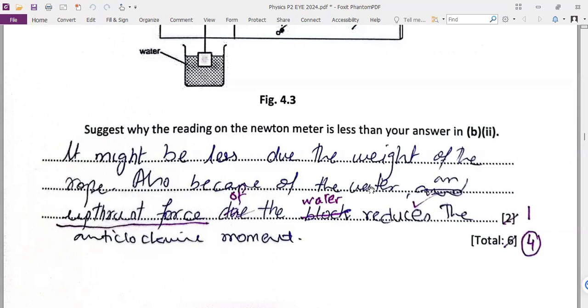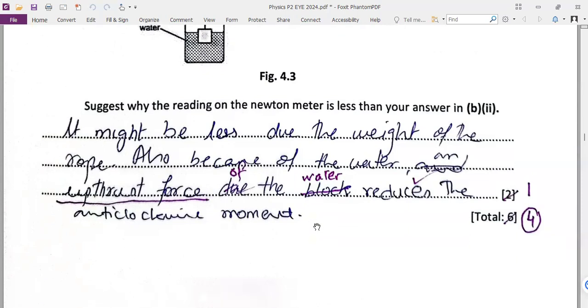Also, because of the water, an upward upthrust force of the water reduces the anti-clockwise moment. So 1 mark is given for writing a few things, but not exactly. So the actual answer will be the upward force of the water reduces the anti-clockwise moment. That will give you 2 marks.